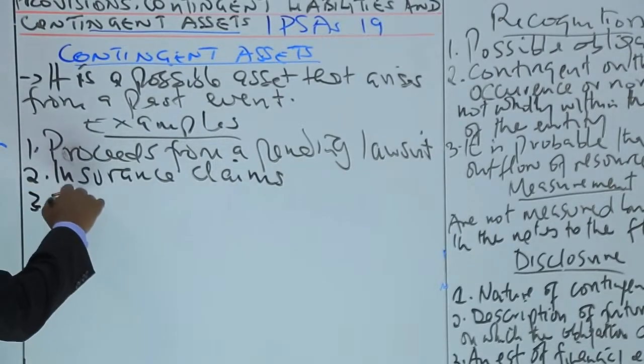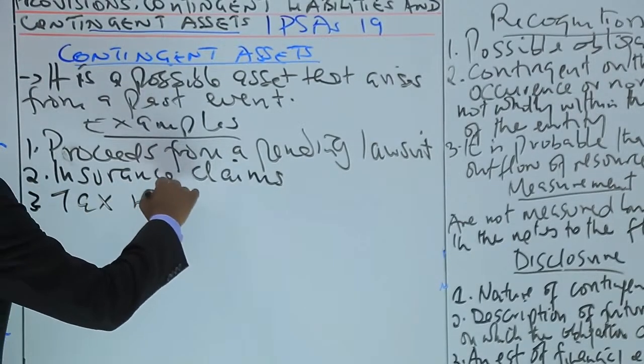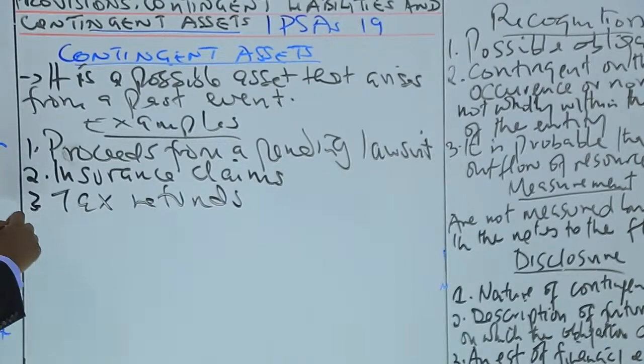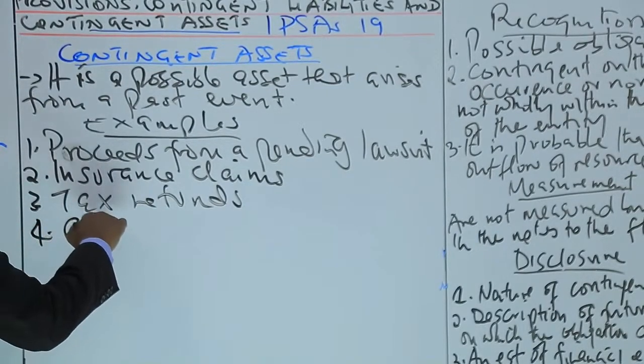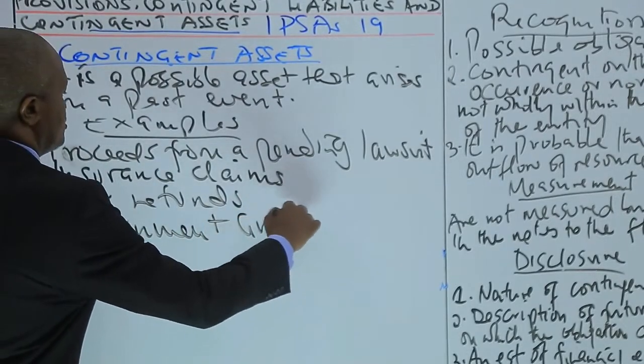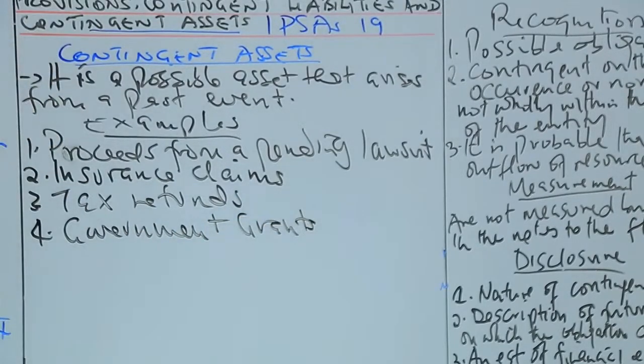Number 3, tax refunds. Tax refunds is an example of a contingent asset. Government grants can go on and on.